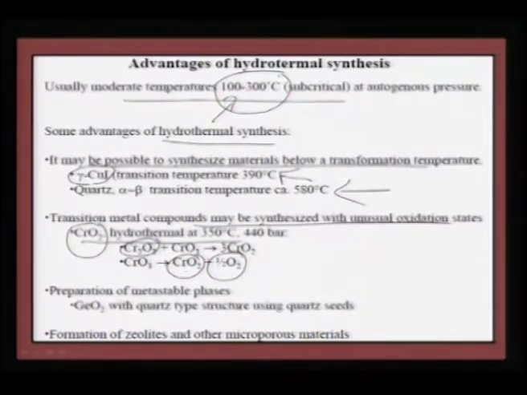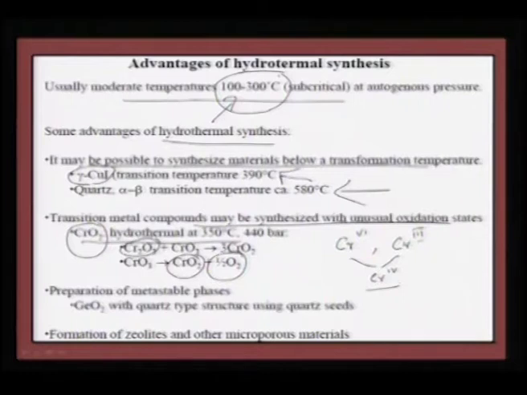Therefore, there is an inbuilt pressure that is released during this hydrothermal synthesis. What is peculiar here is chromium is usually stable in either chromium 6 or chromium 3, but in hydrothermal synthesis you can actually get chromium 4 as a metastable phase.